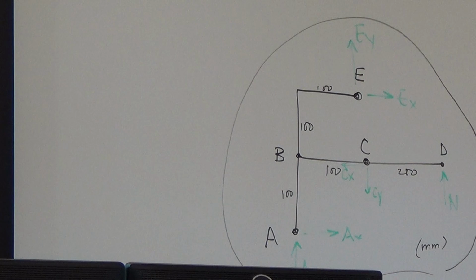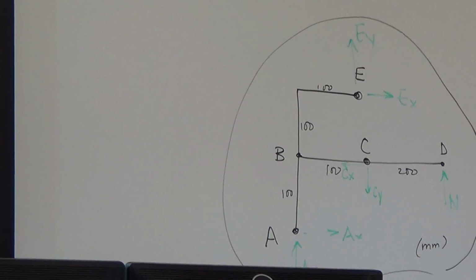So DJ, looking at the free body diagrams, is there one equation we can do to find the A's, the B's, and the E's? I don't think in one equation. Let's see. Look at all free body diagrams.